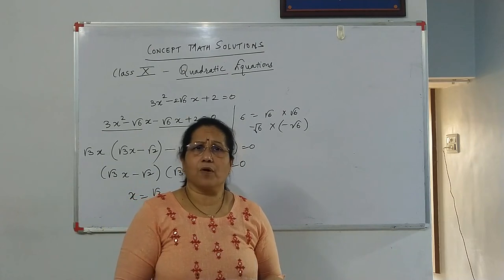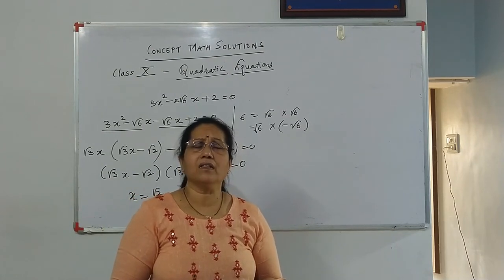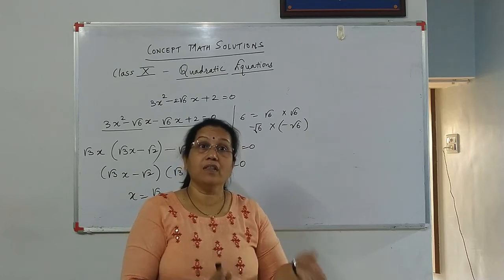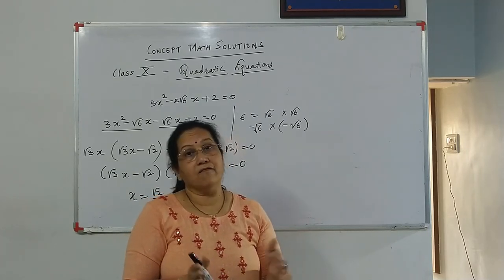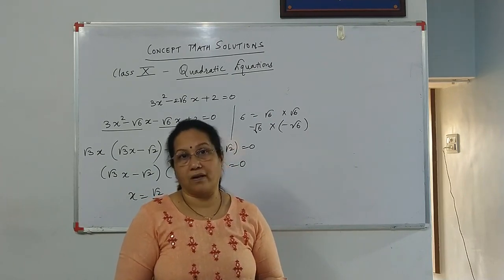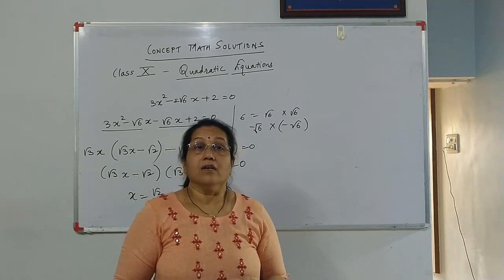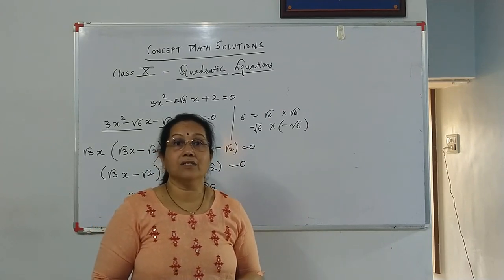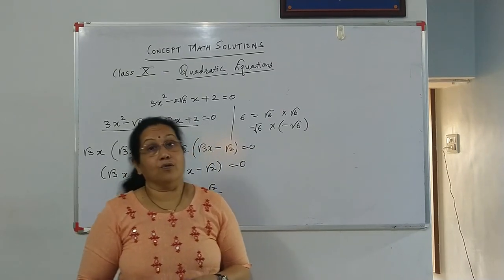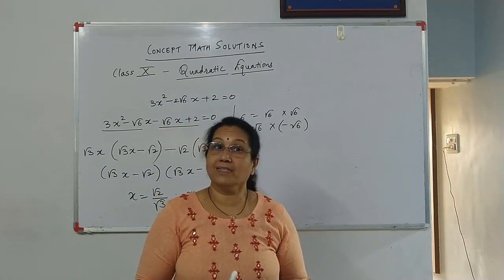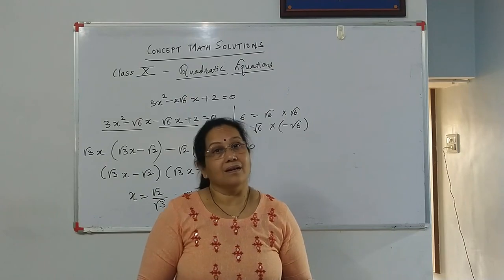There are some word problems also, but I don't think that you will find it difficult to frame the equation if you read the question carefully and then frame the equation. After framing the equation, you just have to factorize it to solve, right? So work on first and second exercise of quadratic equations, and of course don't stop working on linear equations in two variables because it's a vast chapter, right? Thank you.